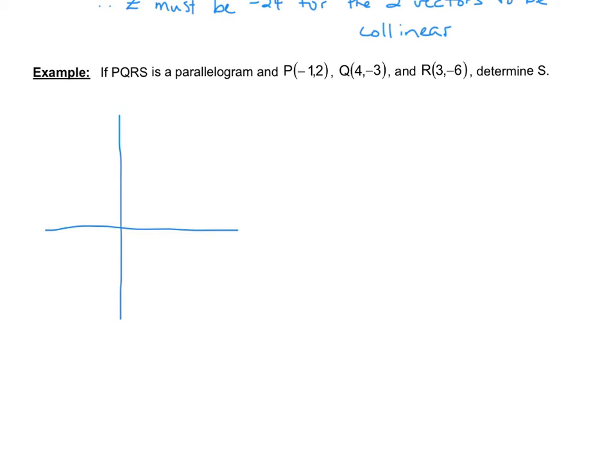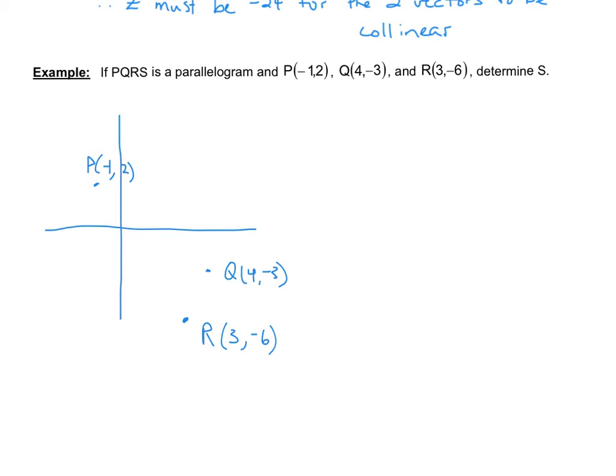We've got a point at -1, 2, so P could be roughly here at -1, 2, and Q is at 4, -3. I'm just roughing this out. If you have an actual grid, you can do it on grid, but you don't need to. And then R is at 3 and -6, so R is here.